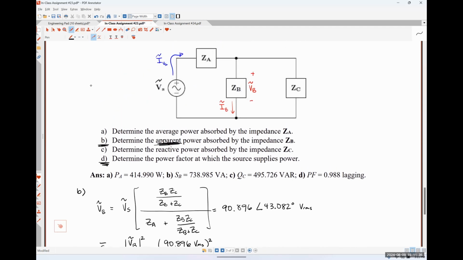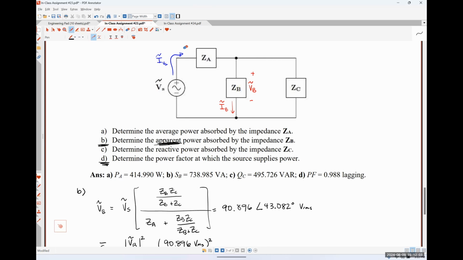Determining power factor. So I mentioned that we would need to find this current, which is one way to solve for the power factor, but I also mentioned previously that the power factor angle is also the angle of the impedance. So we actually have two options here. Sorry, I didn't mention this earlier. We can find this current, or we can literally just find ZEQ and then take the cosine of the angle of ZEQ.